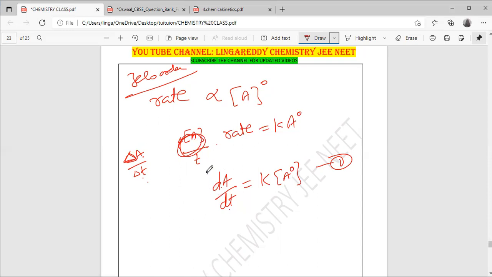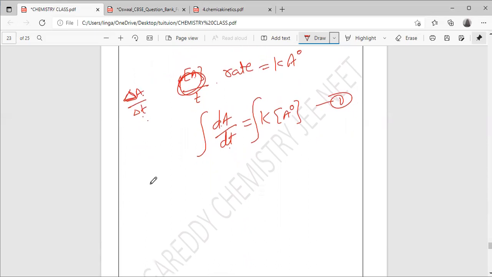So if you want the total, then we need to do integration. Mathematics, derivation and integration, do you know? So integration of dA by dt. I can write integration of dA equal to k dt, if dt goes that side.